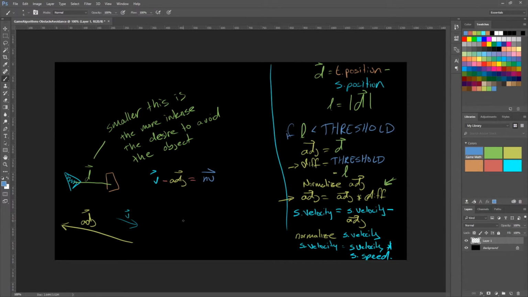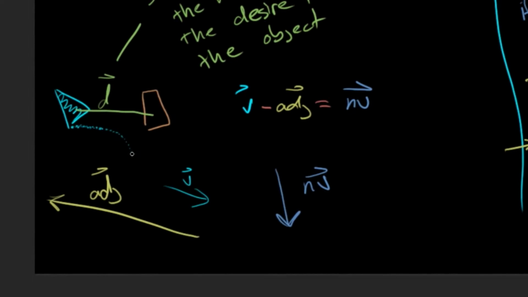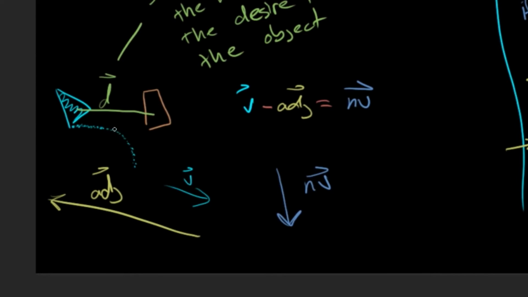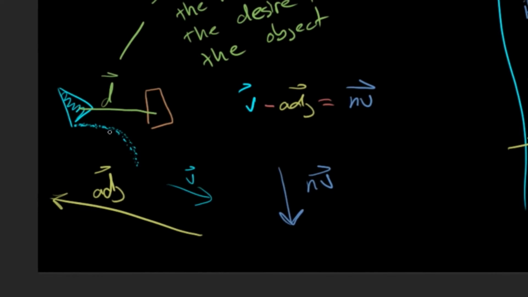So our new velocity is going to essentially look something like this. As our object gets closer and closer to our box, it's going to move downwards. And if it gets very close, the more intense the push is going to be.